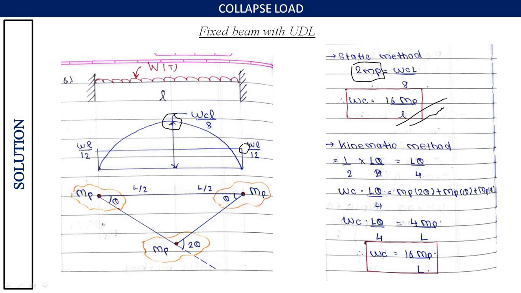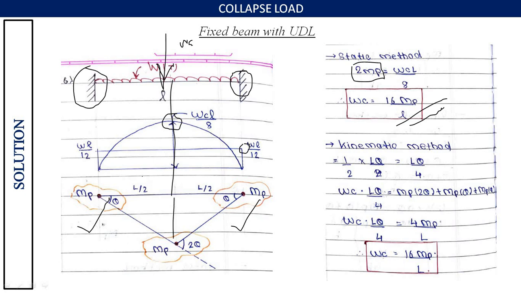Let us see by using the kinematic method. As this point is a fixed point, here the moment and the hinge will be formed. As this point is also a fixed point, here also the hinge will be formed. And also at the center, the internal hinge will be formed. Let us first see the external work. Due to external load, WC will act into its deflection.